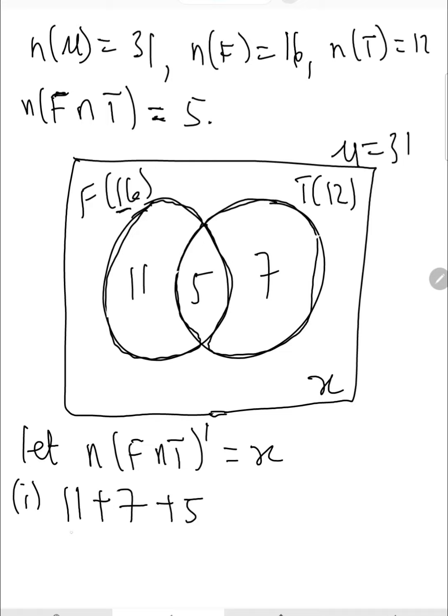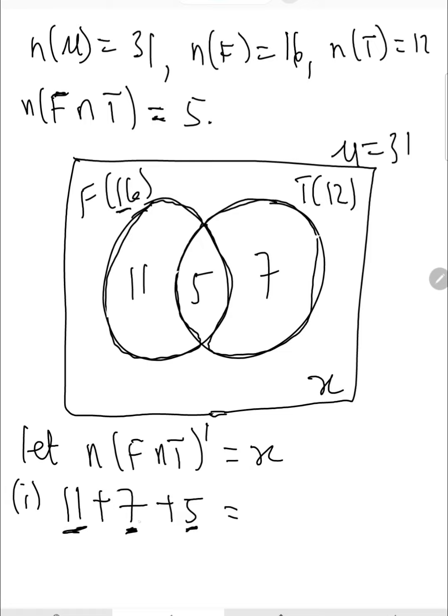Those who play only football, which is one game, is 11. Those who play only table tennis, 7 people, which is also only one game. And those who play two games, which is both, is 5. When we sum them, it will give us the answer for the first question, at least one of the games.